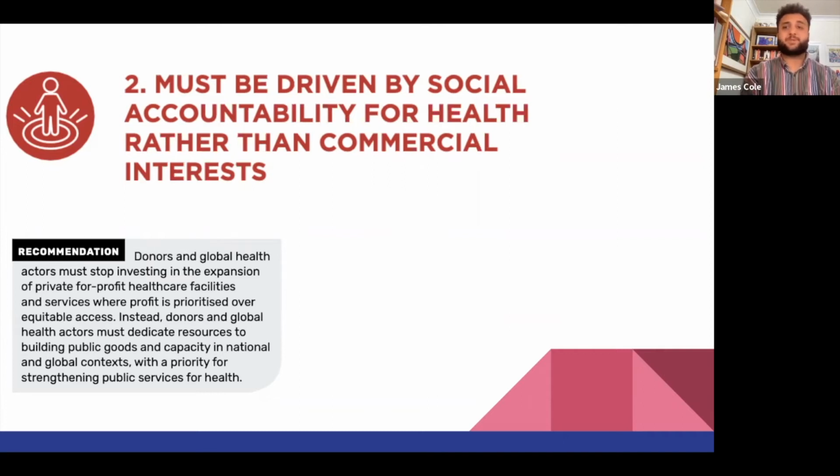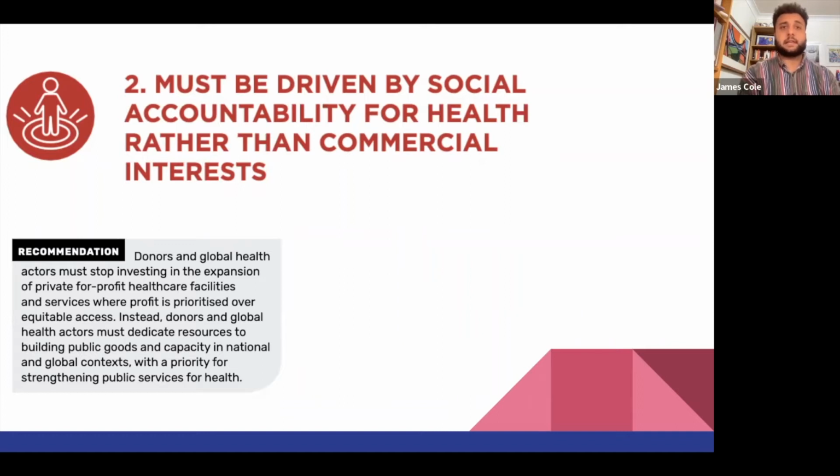So there's many recommendations you could put forward for this principle indeed, but what we like to recommend stakeholders to consider is to stop investing in the expansion of private for-profit healthcare facilities and services where profit can be prioritized over equitable access.